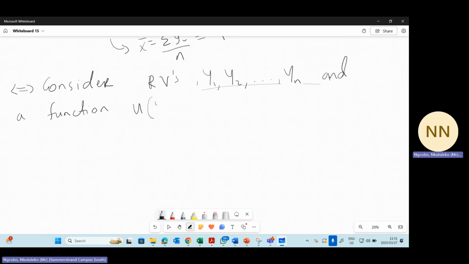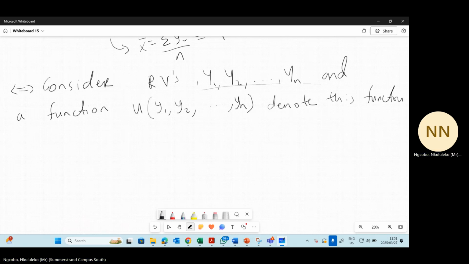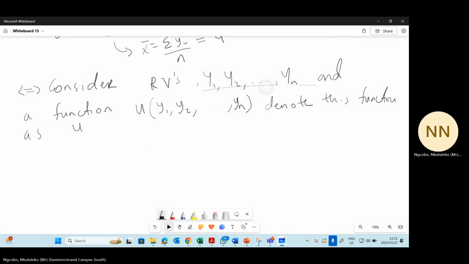So you have U of y1, y2, up until yn, and we denote this function as U. Okay.